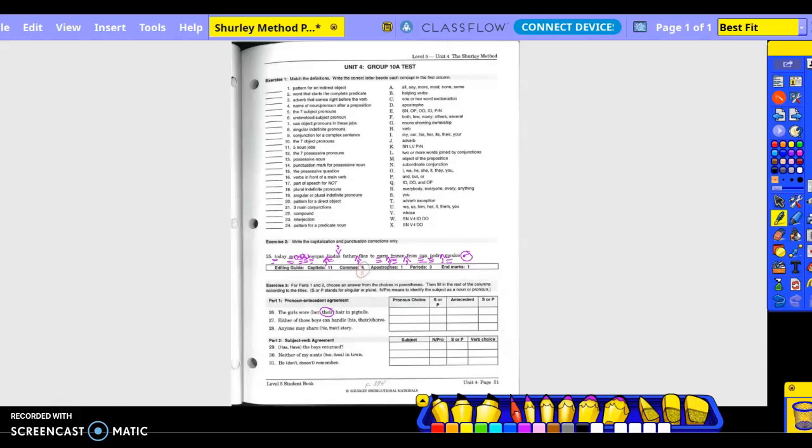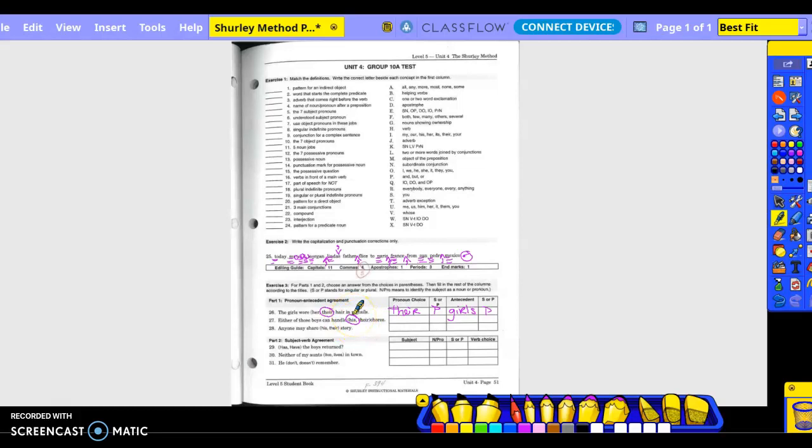Okay, so we picked there, singular, plural. Plural. The antecedent, what's they referring to? Girls, and that was plural, right? Which helped us make our pronoun choice. Either of those boys can handle his. Okay, it makes it his because of what word?